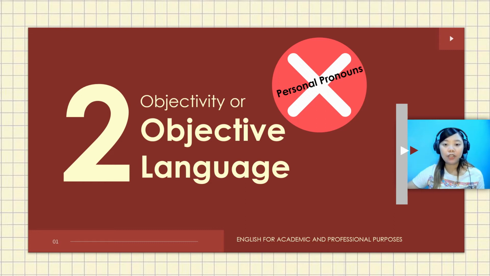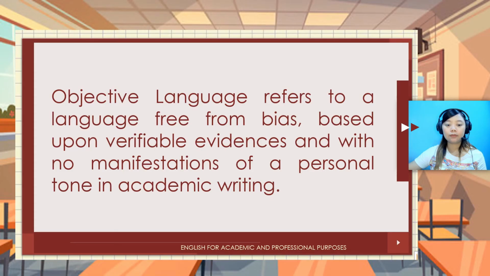The next attribute or type of language is objective language, or the attribute of objectivity. As seen in the picture on the screen, it doesn't use personal pronouns in sentences. Objective language refers to language free from bias, based upon verifiable evidence, with no manifestations of a personal tone in academic writing.